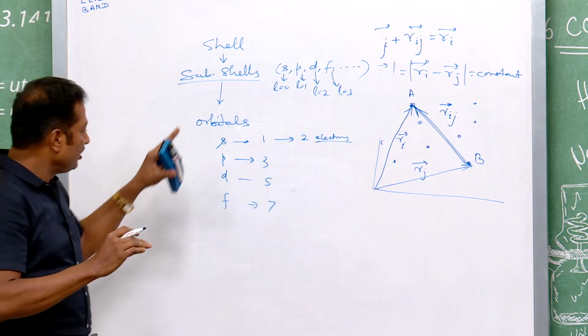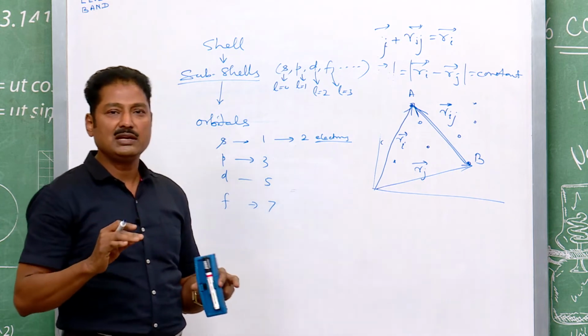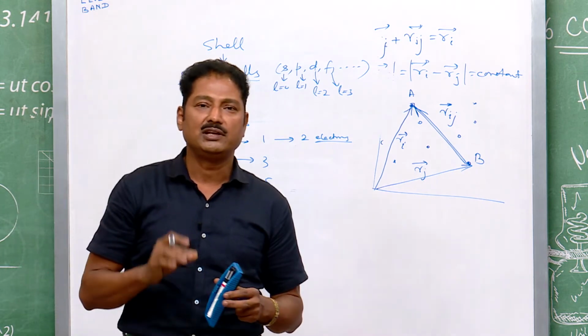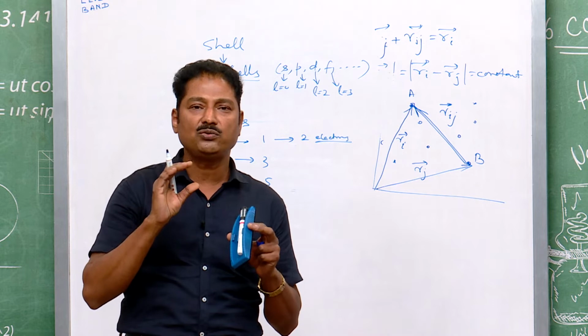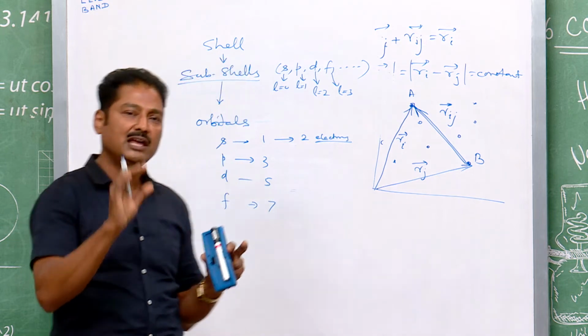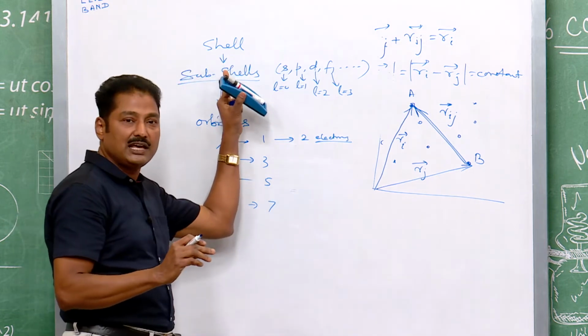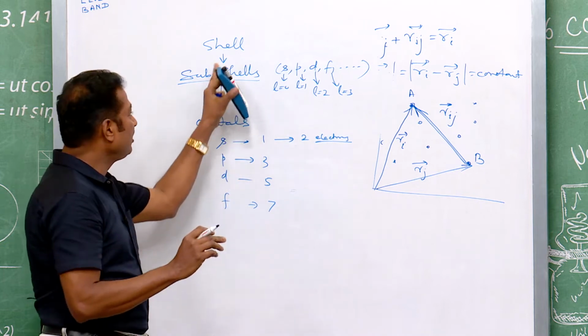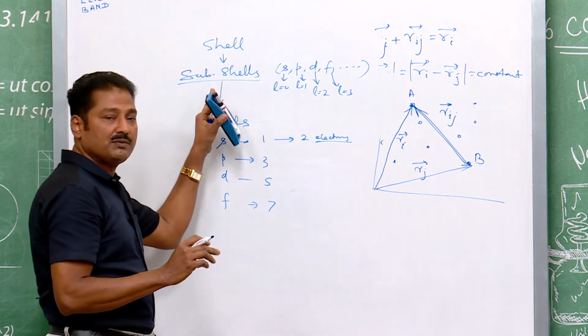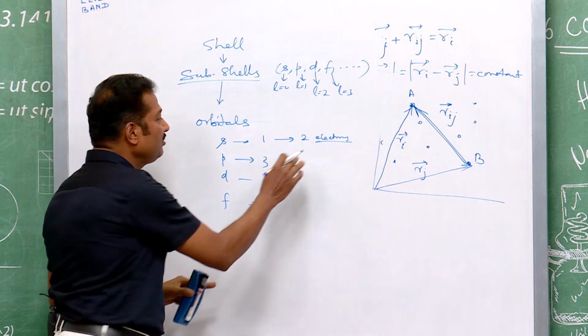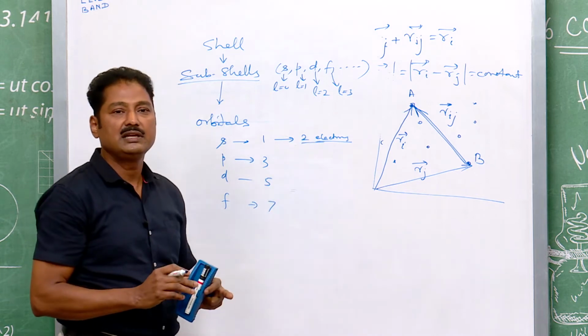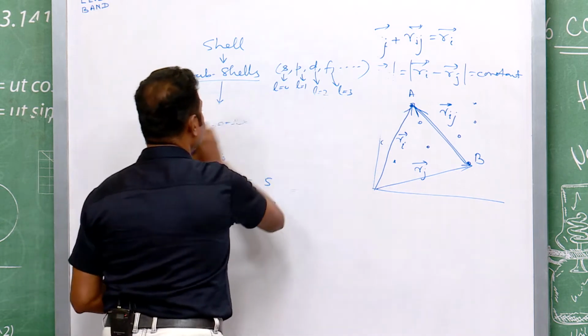So, actually what are those? Those are actually the address of the electron. If I try to locate the electron, then I have to think of the cell first, the main orbit K, L, M, N, then the subcell, then the orbital, and then I can go to the electron. These are the energy levels.